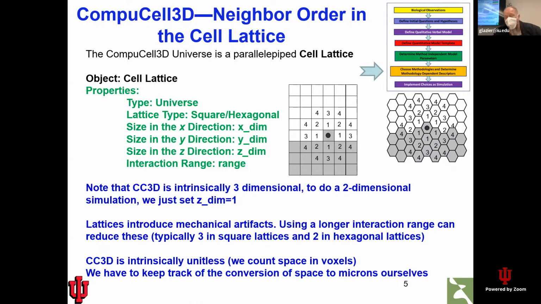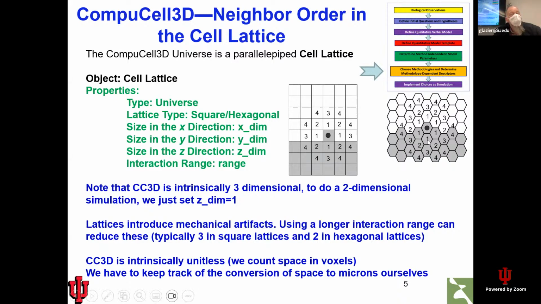And you could ask, why do we potentially need to go to longer range interactions? The answer is that being on a lattice has some geometrical peculiarities, which were addressed in that extra credit problem that was due today as an optional problem. And those peculiarities become less when you make the interaction ranges longer.